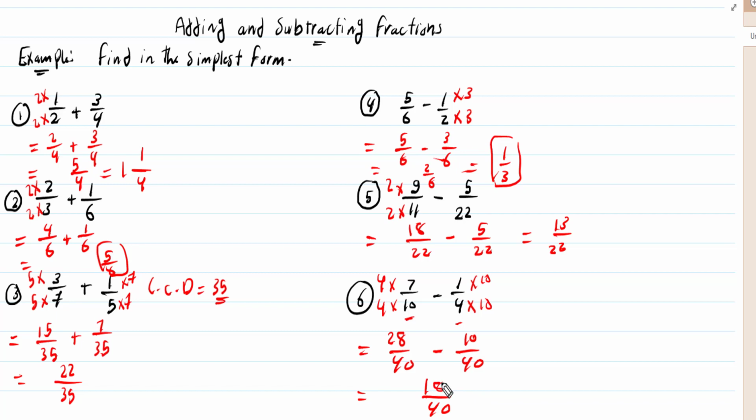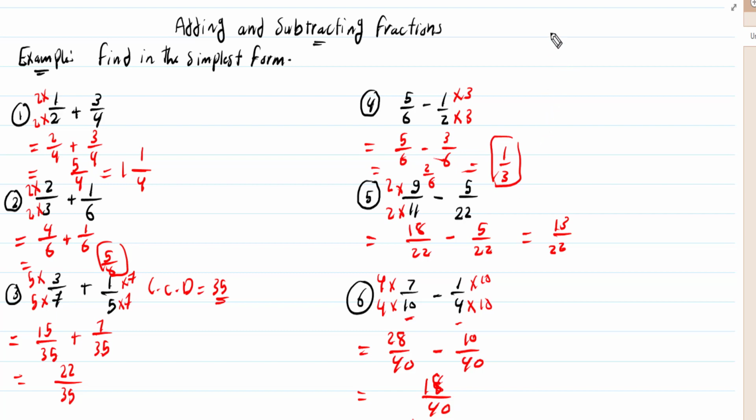Look here, 18 over 40 is not in the simplest form because we have a common factor between 18 and 40, which is 2. We can divide by 2. 18 divided by 2 will be 9, and 40 divided by 2 will be 20. So the simplest form here will be 9 over 20.